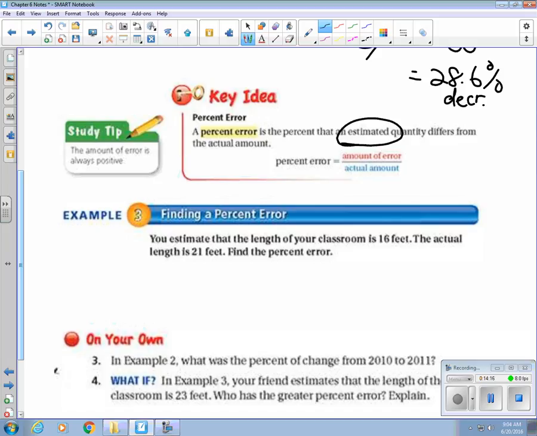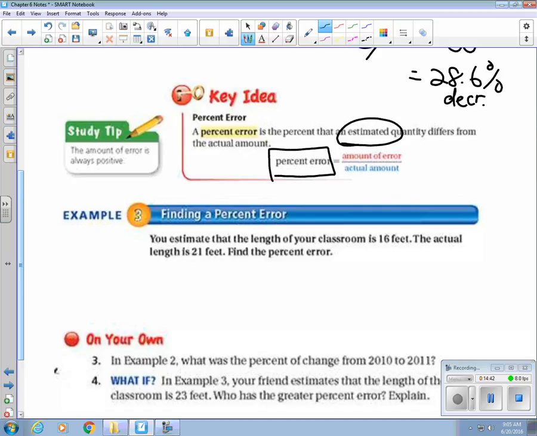And the percent error is giving us a percentage of how far away from the actual amount the estimation actually was. All right? So the way we find that is we find the amount of error.